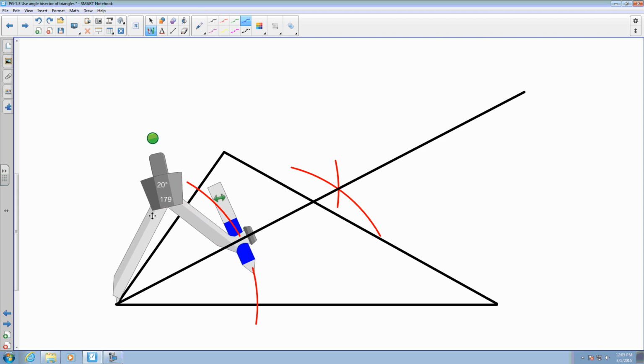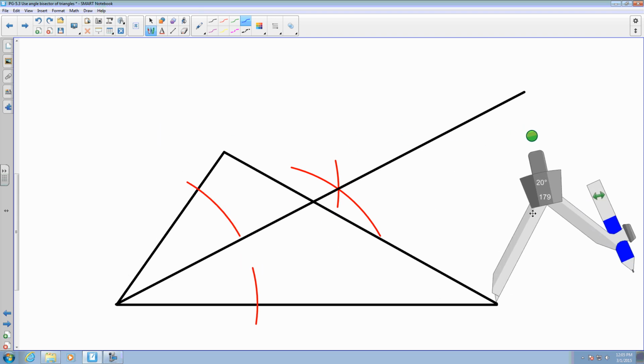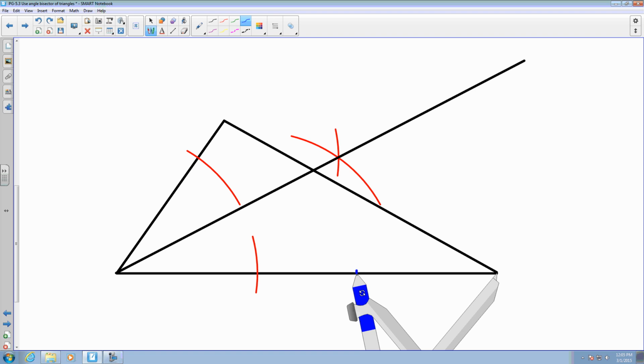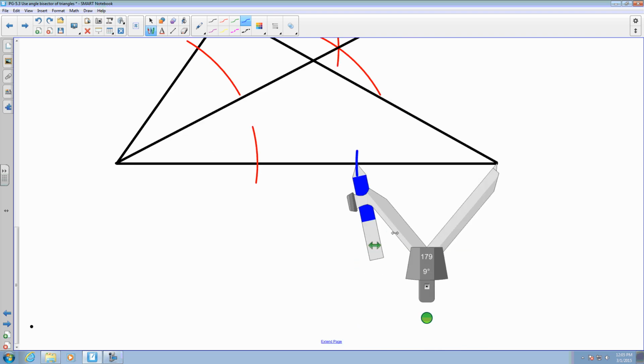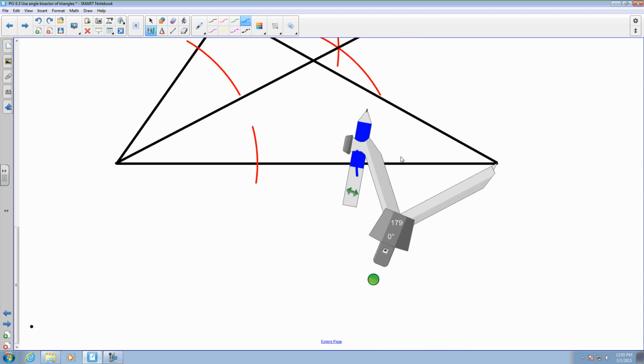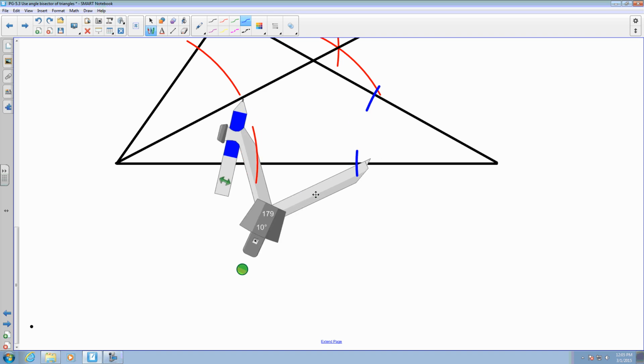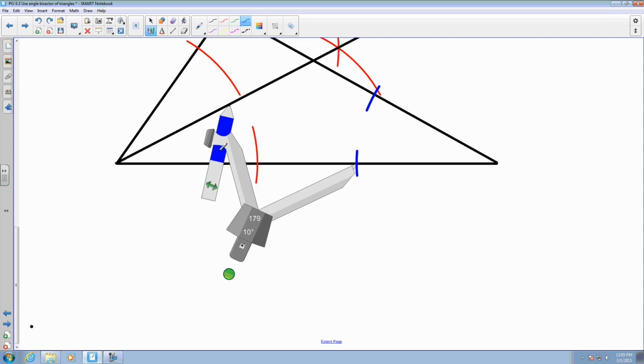Okay. Next, I'm actually going to change the color, kind of help you see better. So I'm going to go to this angle here. Make a mark there. Make a mark there. Find where its center point is.